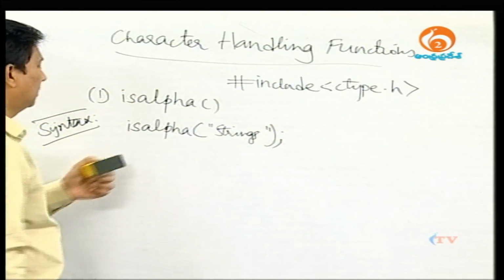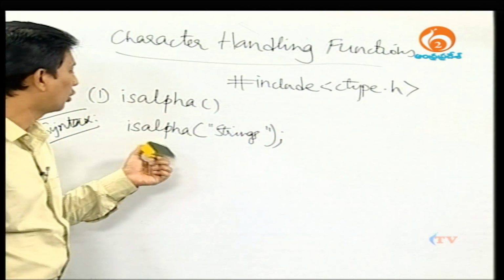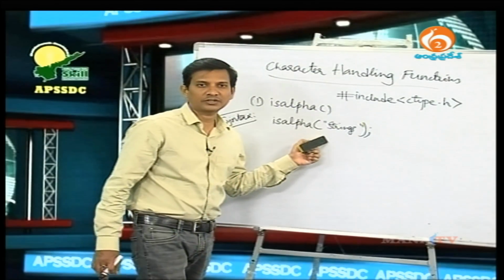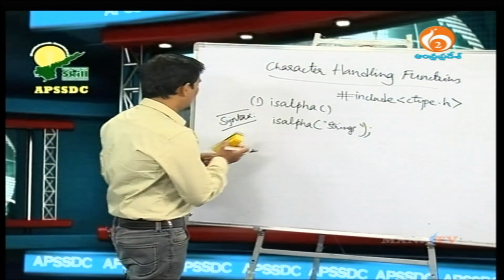It will give true in case it is an alphabet, and it gives false in case it is not.